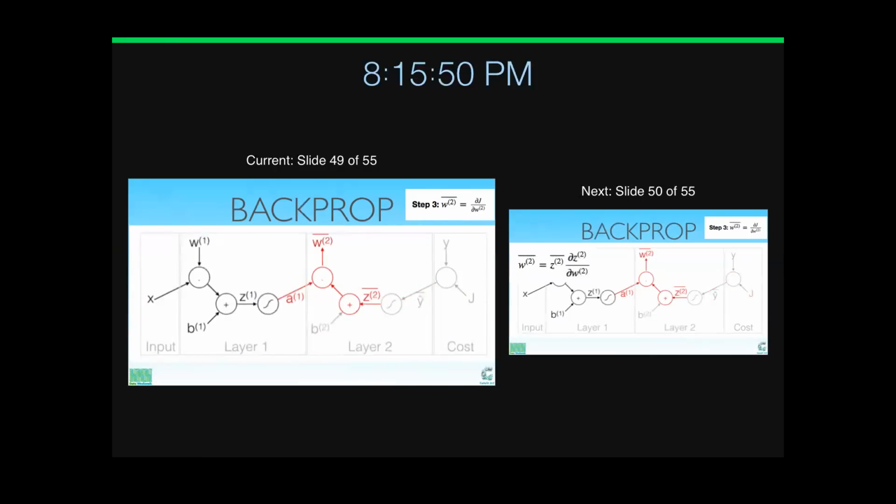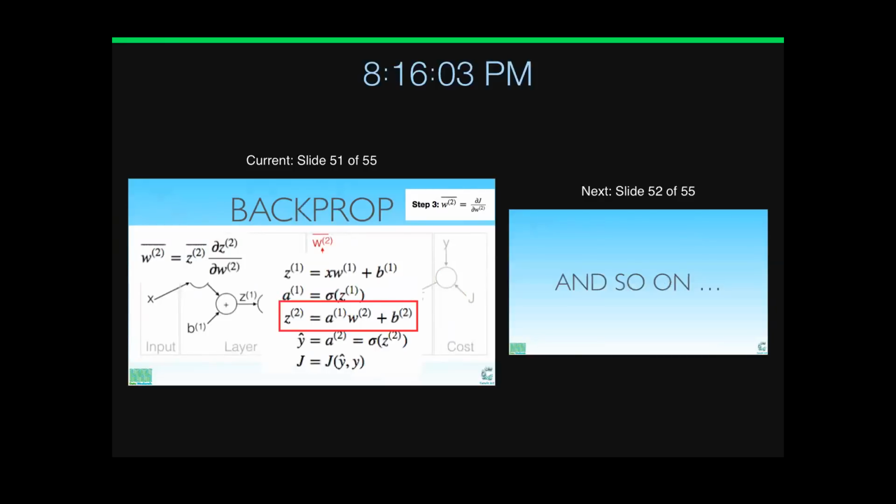And this is this number, which I've just calculated, times the new derivative that I have to calculate. Okay? And this I calculate again from these formulas. The derivative of Z2 with respect to W2 is A1.